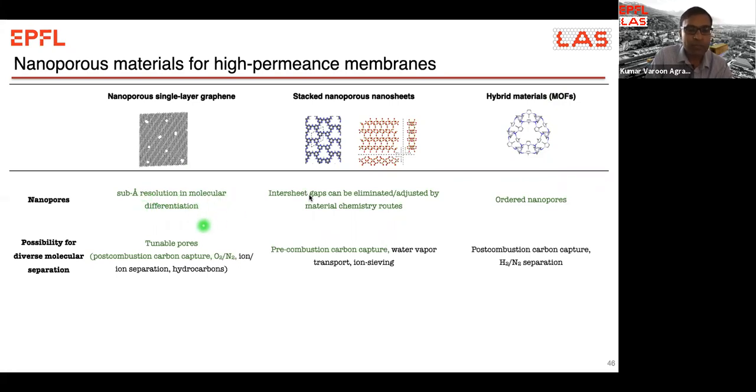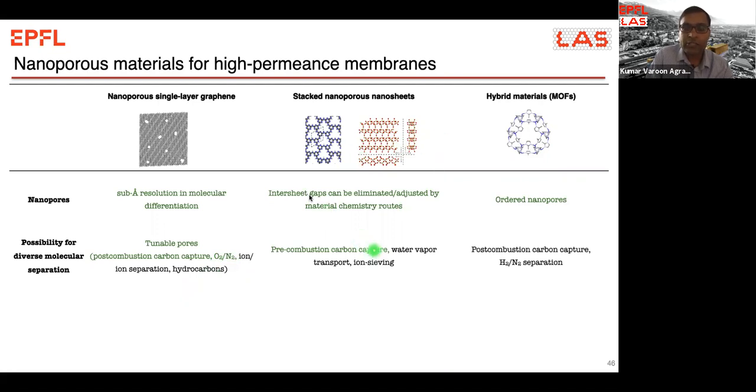And this was possible for us because we used ozone-based chemistry where the kinetics of pore nucleation was comparable to the kinetics of pore expansion. And as a result, we can now get down to other gas separations. So we are now quite focused on oxygen-nitrogen separations, but also ion-ion separation and hydrocarbons.